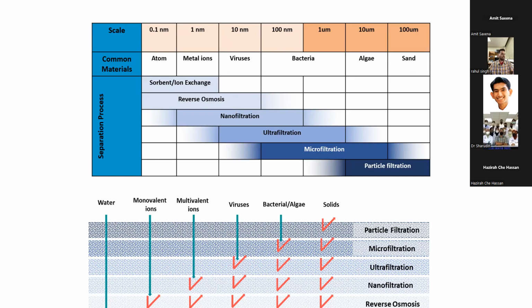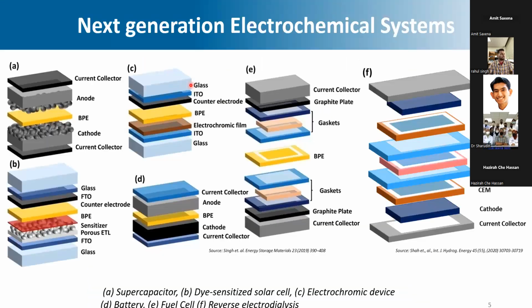In my next slide, you can see how these ion exchange membranes can be utilized inside energy applications. These are some devices, the next generation electrochemical devices, and most of them use such type of ion conducting membrane or polymer electrolyte, solid polymer electrolyte, or liquid polymer electrolyte.